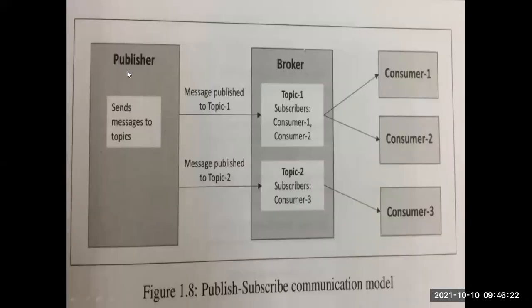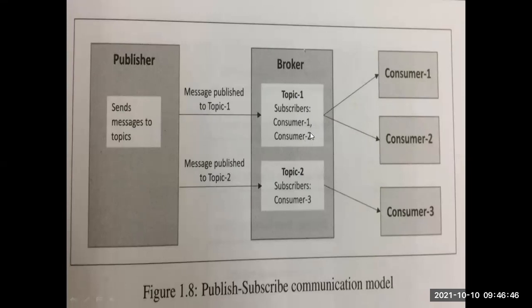The publisher sends a message to the topic. That is, message published to topic 1, message published to topic 2. They are different topics. Topic 1 has different subscribers who are requesting that particular topic. Here, for example, topic 1 has two consumers. They are subscribers of this topic.